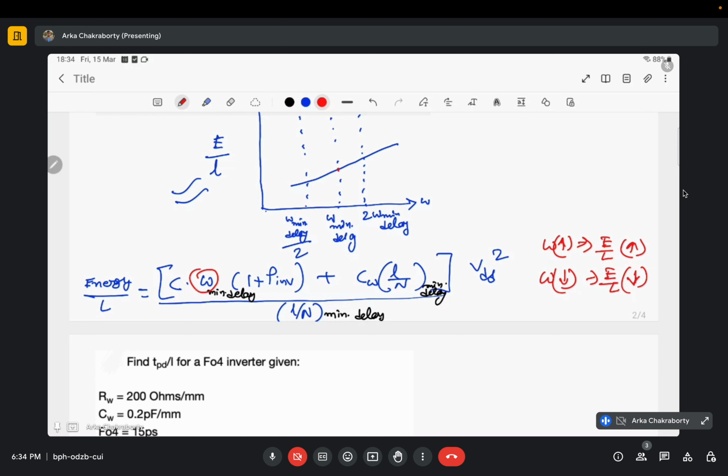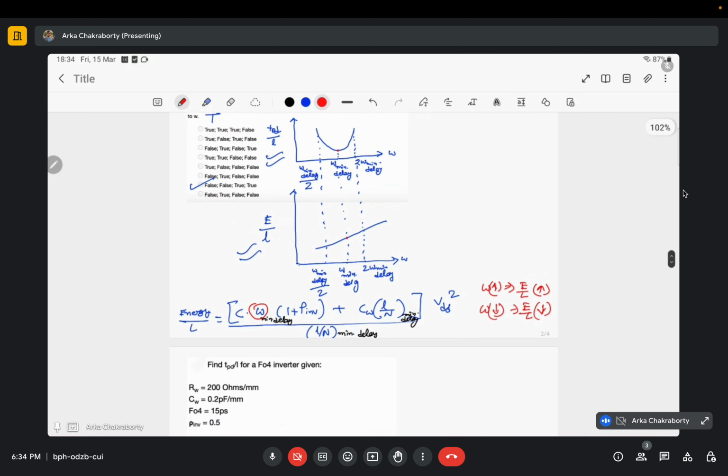Okay, so by looking at the expression itself, even if you don't remember this curve, from the expression of energy and delay you can find what would be the nature of the curve. So it is one way to remember it. Hope that's clear.